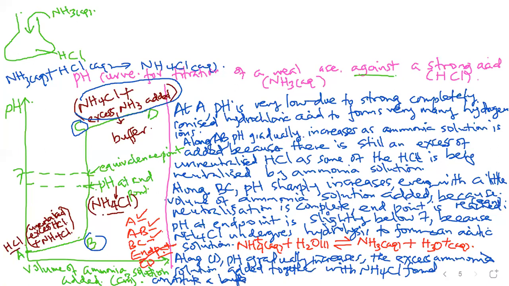And in this case, this is what we call a basic buffer, a buffer solution which resists increase in pH. Are we together? Some people will say it is due to the excess ammonia solution added there. No. The reason is that the excess ammonia solution being added and the ammonium chloride that was formed constitute a buffer which resists an increase in pH.